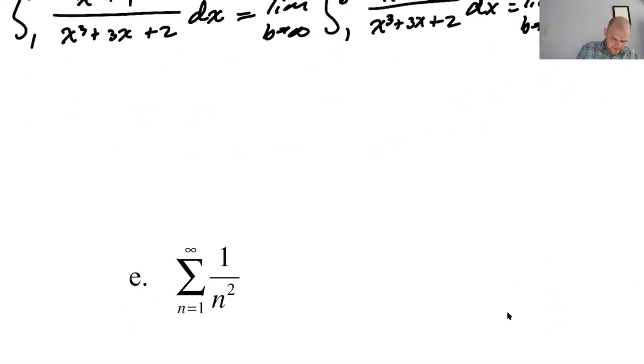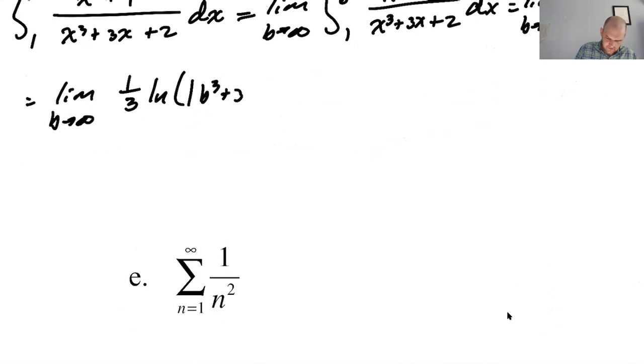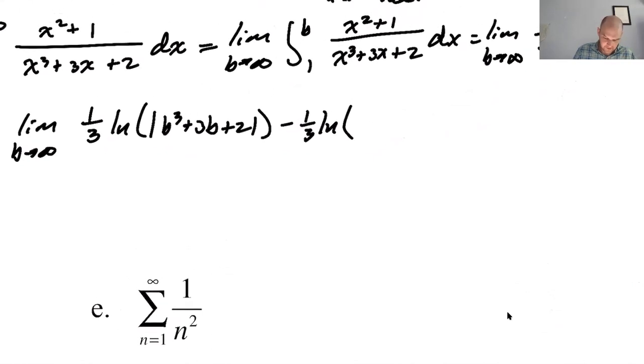All right, equals the limit. We're going to end up with a natural log of infinity again. So this diverges. The absolute value of b cubed plus 3b plus 2, minus 1/3 the natural log of the value at 1.